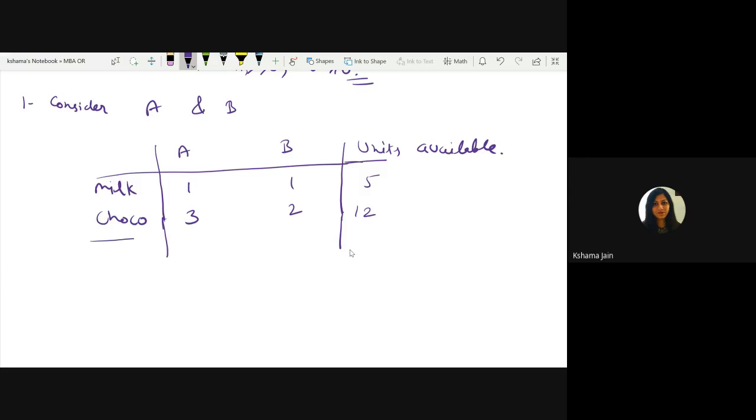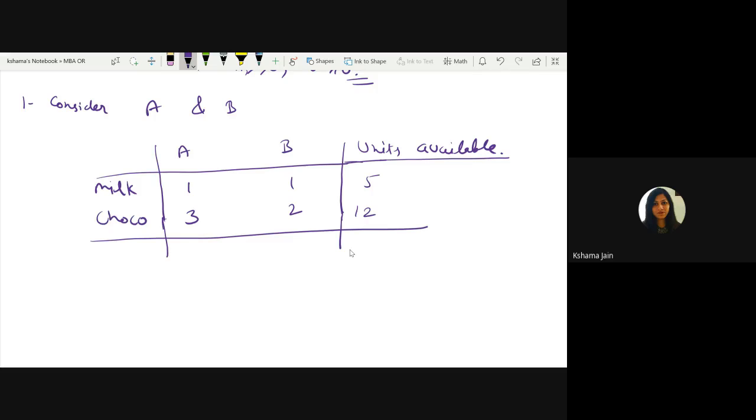Be extremely careful about what students commonly do wrong: by chance they write 5 and 12 under A and B. But 5 and 12 are not the quantity of A and B; they are the quantities of milk and choco. With the associated word, be extremely careful where to write the numerical value.